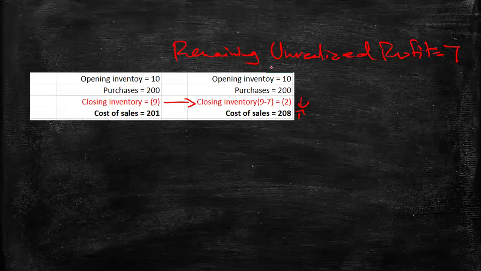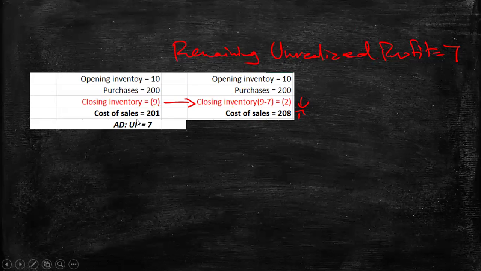So you will have to adjust this remaining unrealized profit directly in the cost of sales amount. So you have to remember that when you have to subtract the remaining unrealized profit from the closing inventory value, but the closing inventory value is not given, we have the cost of sales given directly. The way to adjust this remaining unrealized profit is to add it in the cost of sales amount.